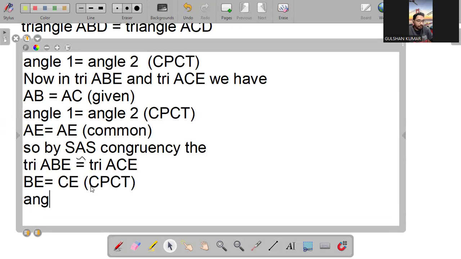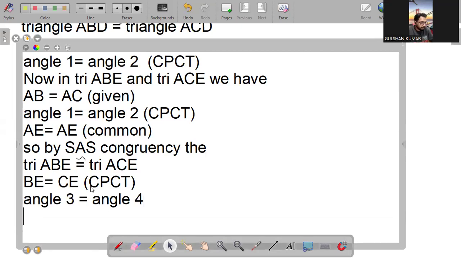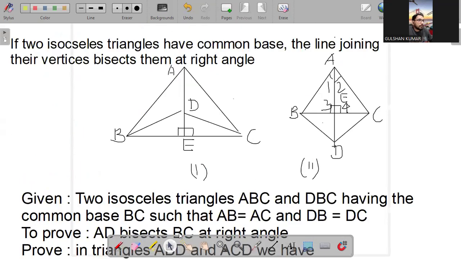Now angle 3 will be equal to angle 4, but there's a catch.